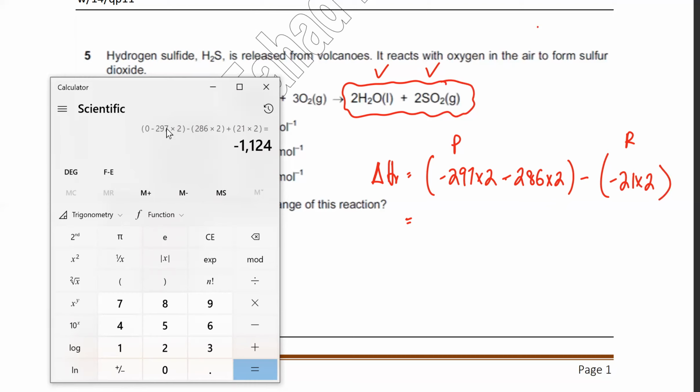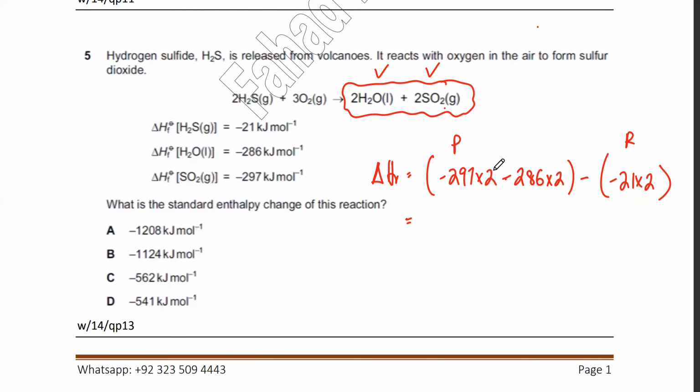So just make sure your calculation and the signs are right, there's nothing wrong with the signs. This last one would become positive because it's products minus reactants. The enthalpy of formation of the products, so it's the delta HF of the products minus the delta HF of the reactants.